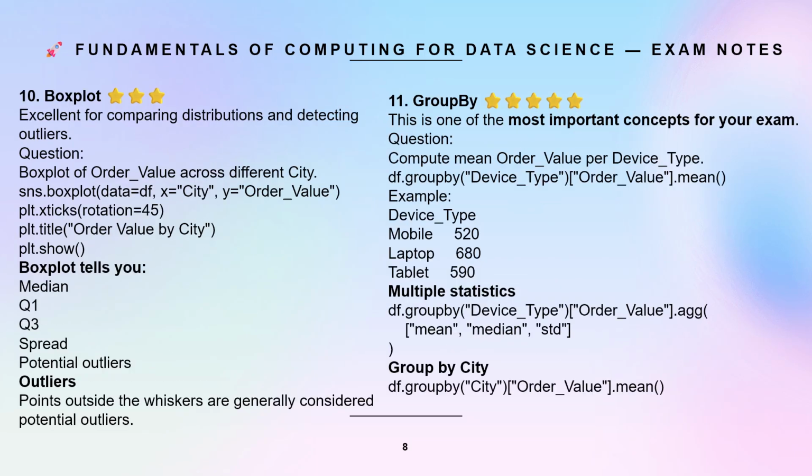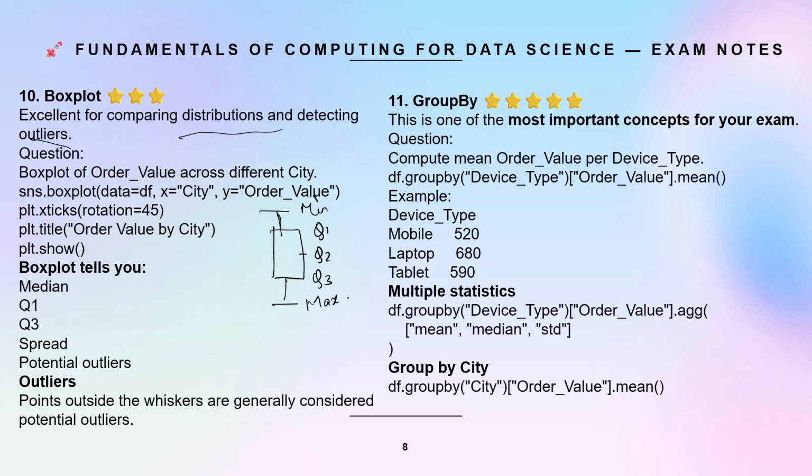Next, box plot is excellent for comparing distributions and detecting outliers. Now, box plot is basically a graph like this, where this shows minimum, this is Q1, this is Q2, this is Q3, this is your maximum.